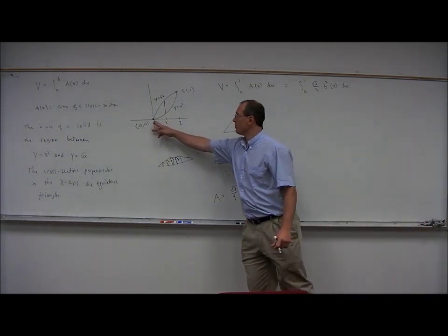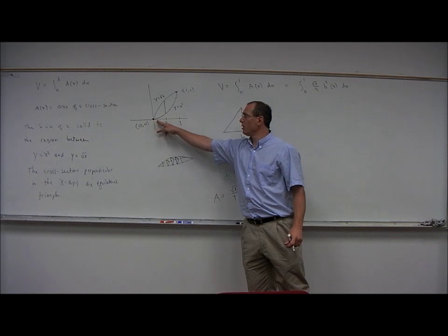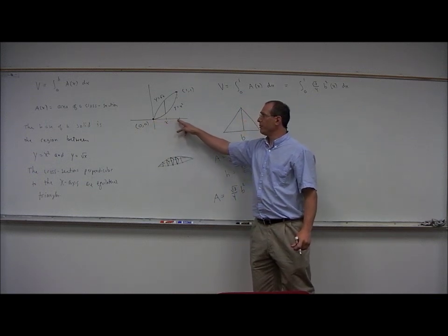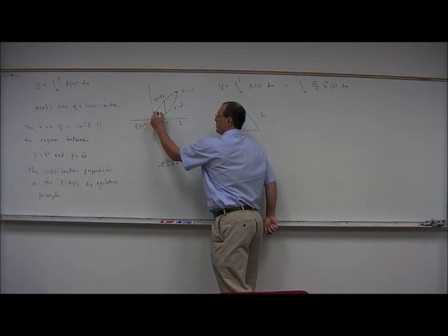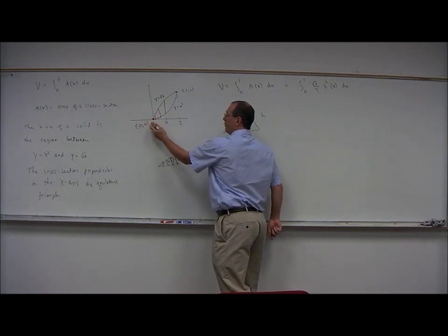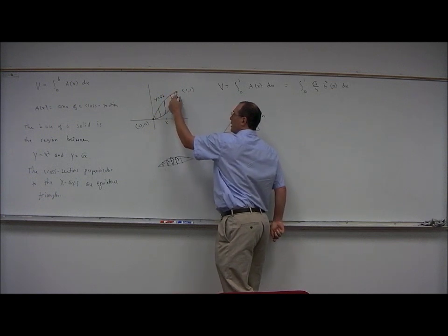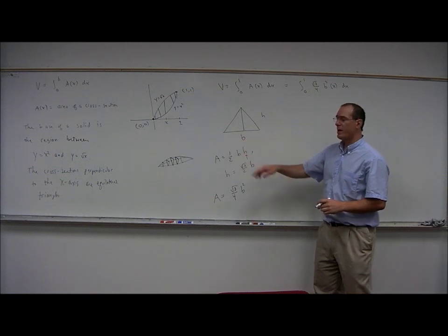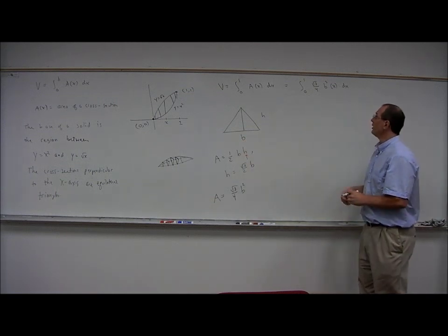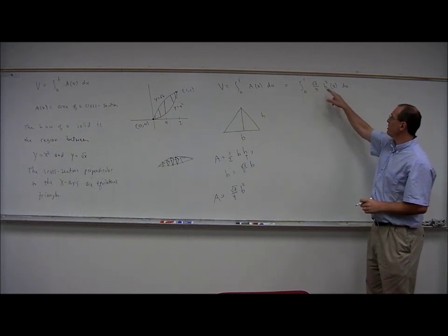As we move x between 0 and 1, our triangle starts out very small, and then it gets larger, and then it becomes very small again, because these vertical slices, as you move from left to right, get larger to a certain point, and then they get smaller again. So the base of our triangle will depend on x. And the formula for the area of the triangle is the square root of 3 over 4 times the base squared.